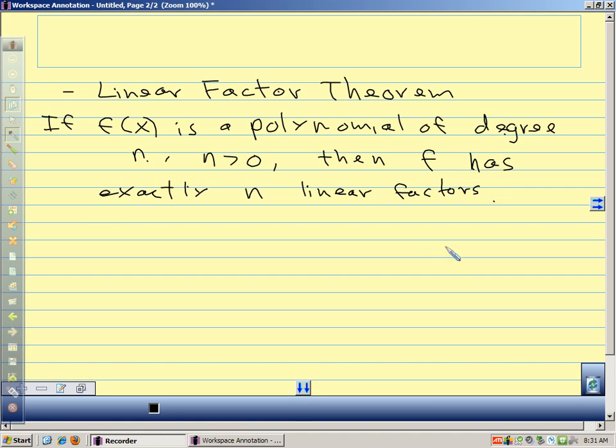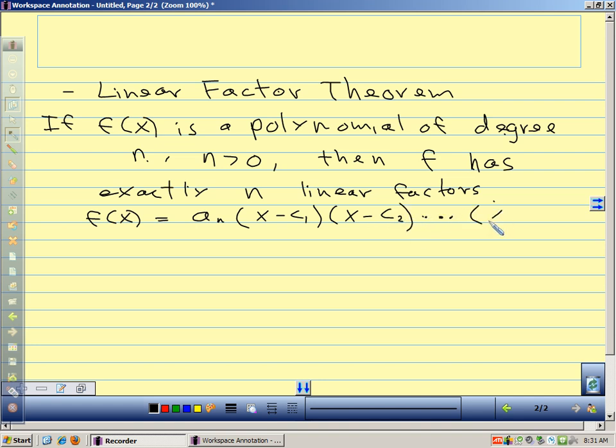Those are linear factors. So what this is telling us is that f of x we can write as a sub n times x minus c1 times x minus c2 times dot dot dot times x minus cn, where c1, c2, c3 are complex numbers.